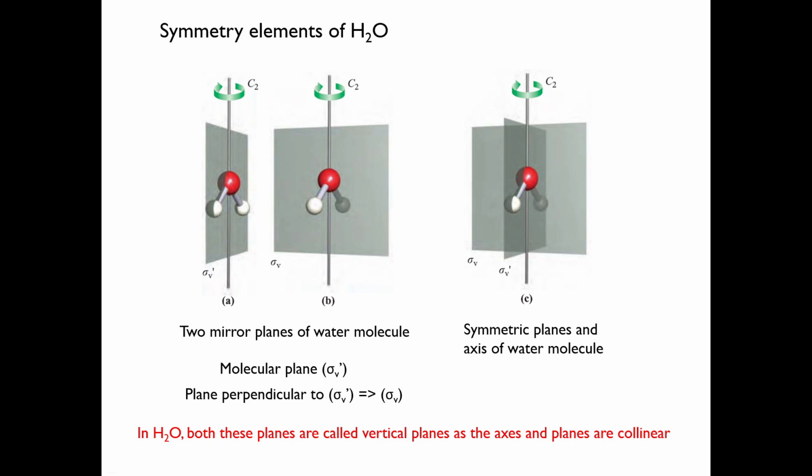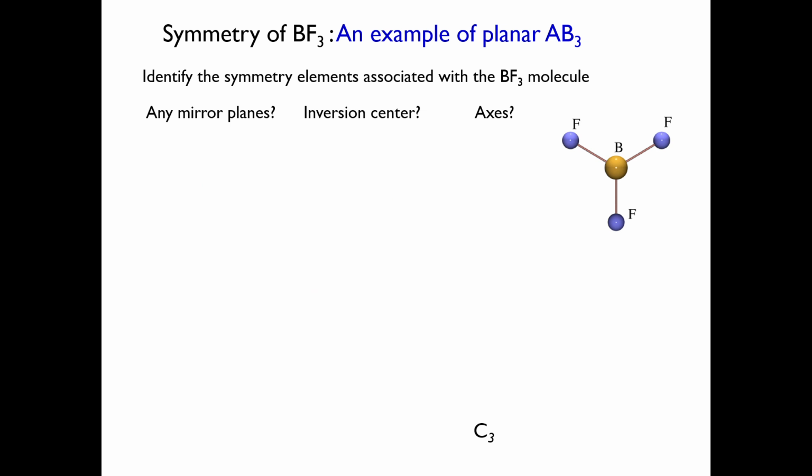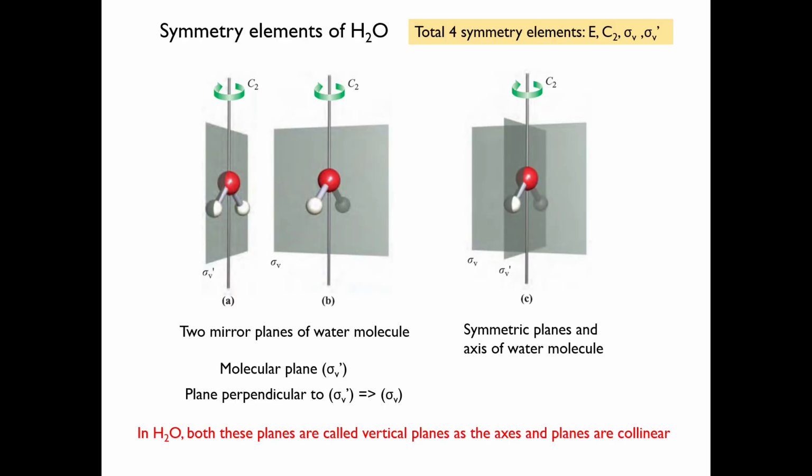These two are vertical planes because both of them contain the C2 axis. The C2 axis is parallel to them, not perpendicular. That's why we call them vertical planes.